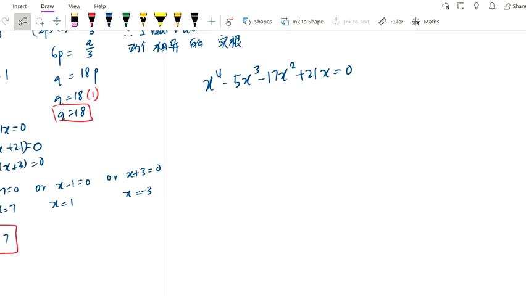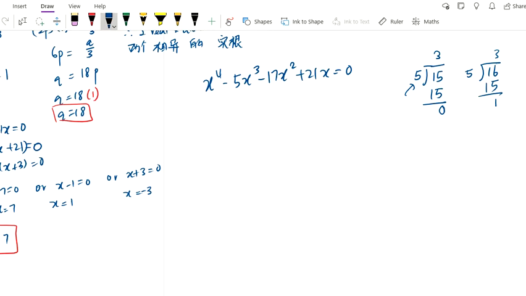Just like this: if we divide 15 by 5, we will get 3, right? So the remainder is 0, which means 5 is a factor of 15. This is the meaning of this division. But if we divide 16 by 5, we will get a remainder, which means 5 is not a factor of 16.